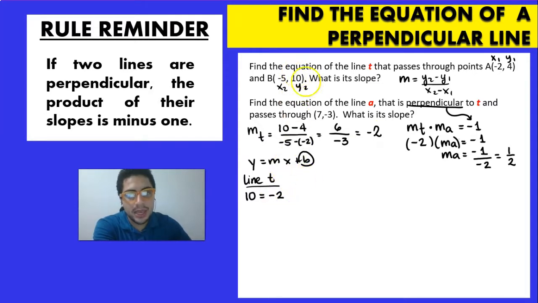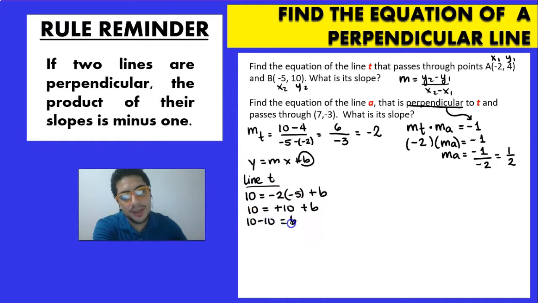When y is 10, x is equal to -5, and then plus the value of b that we're trying to find. So 10 is equal to -2 times -5, which is plus 10, plus b. Because that 10 passes subtracting, the value of b is 10 minus 10, which is 0.